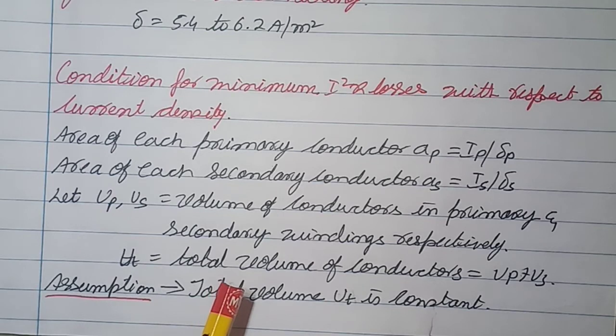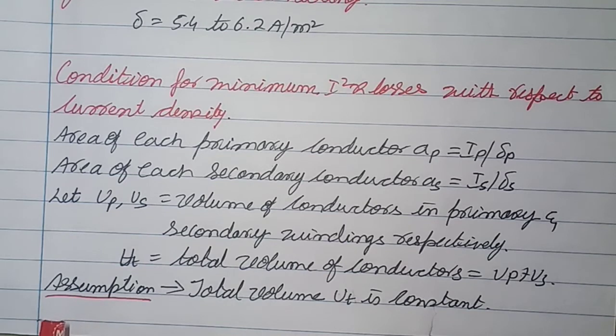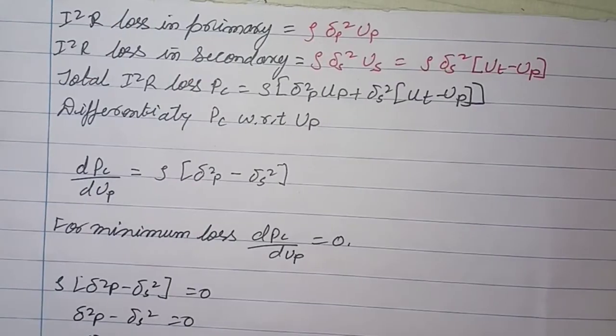That is, the total volume of conductors, which includes the volume of the conductor in primary and also in secondary, is constant.